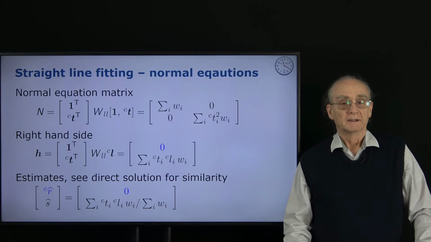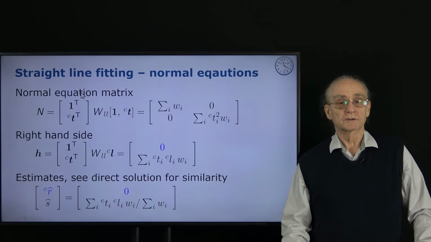So now, if we have the straight line fitting with the centered coordinates, we get the same situation for the normal equations. Instead of having t here, we have the t's in the coordinate c of the centroid. So we have the t in the coordinate system centroid. And this leads to the normal equation matrix, which is diagonal, where we have here the sum of the weights, and here the weighted sum of the distances of the data to the centroid.